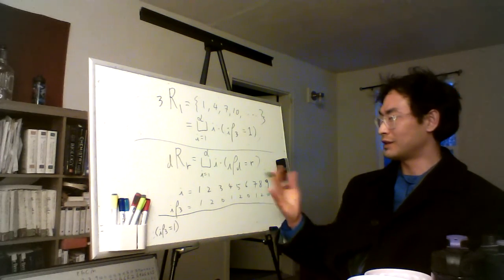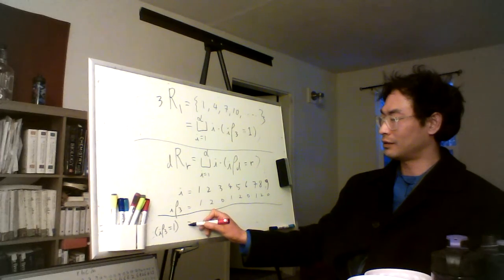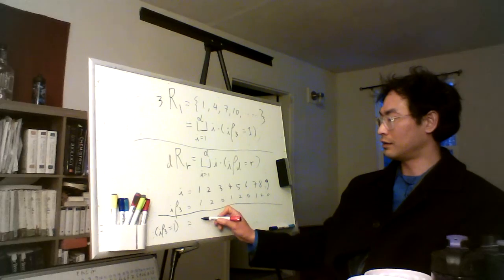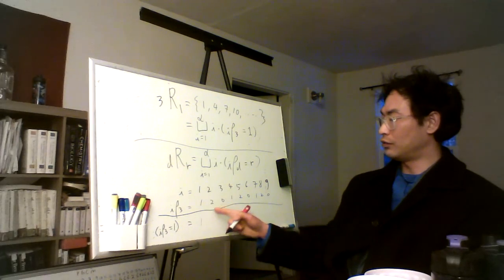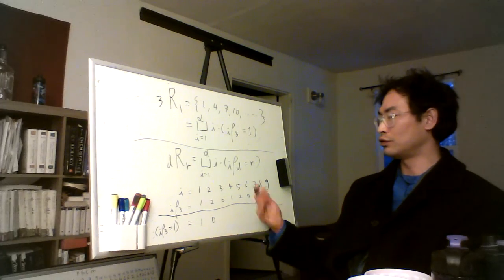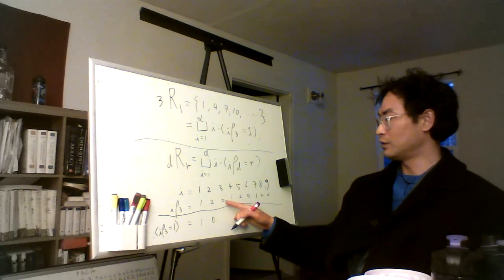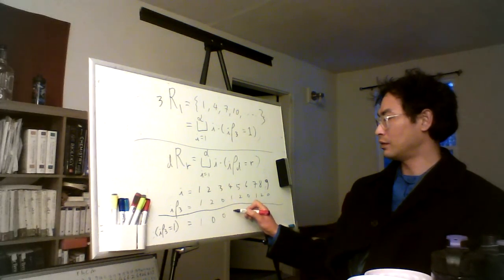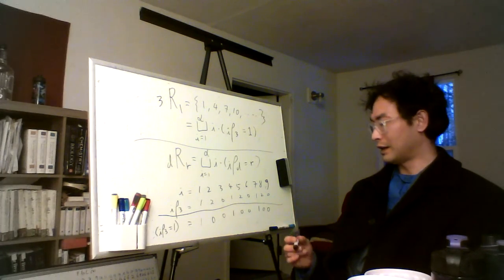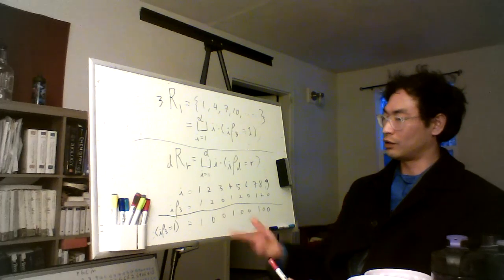Then 0 1 0 1. Is this 1? Yes. Is 2 1? No. Then you give it 0. Boolean, true or false. Is this 1? No. That's this Iverson bracket or Kronecker delta.